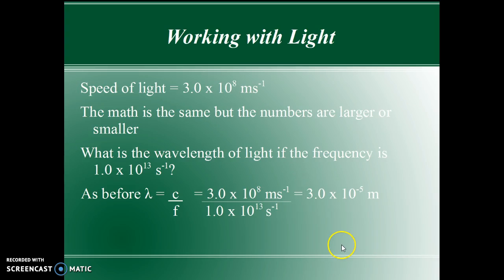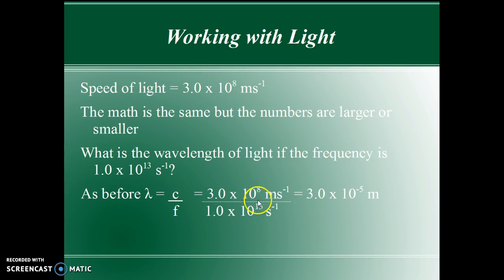Now when you work with light, you have to remember the speed of light is 3.0 times 10 to the 8th meters per second. The math is exactly the same, but the numbers are going to be either larger or smaller than what we've been used to. So we ask, what is the wavelength of light if the frequency is 1.0 times 10 to the 13th reciprocal seconds? As before, the wavelength equals the speed divided by the frequency.